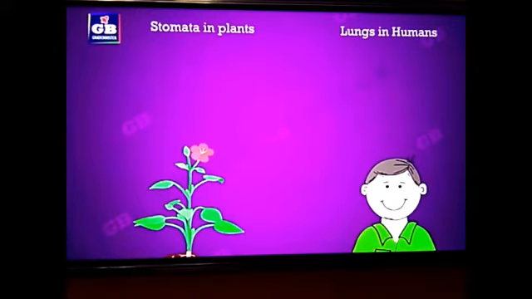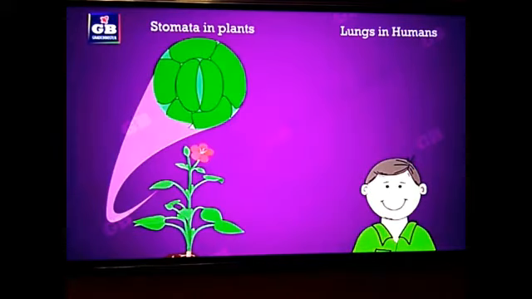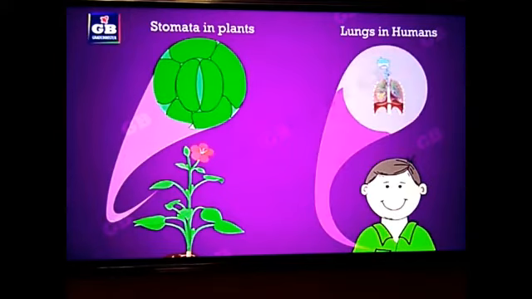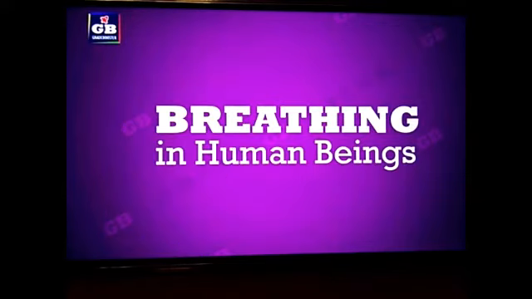Plants have stomata to exchange gases with the atmosphere, whereas animals have special respiratory organs to get the oxygen from the surroundings. Now, let us see how breathing takes place in human beings.